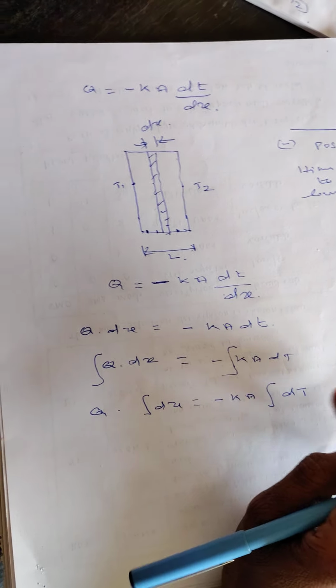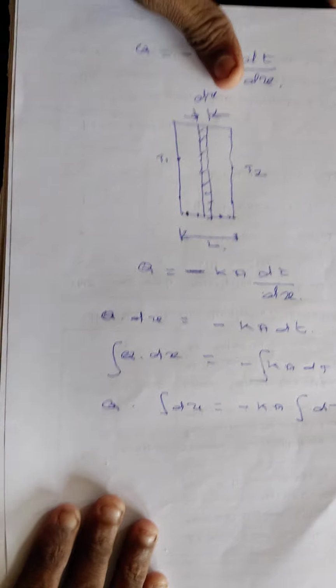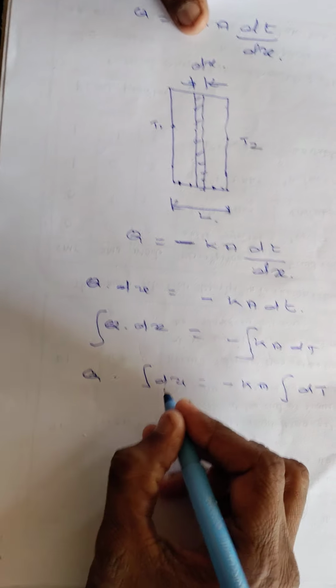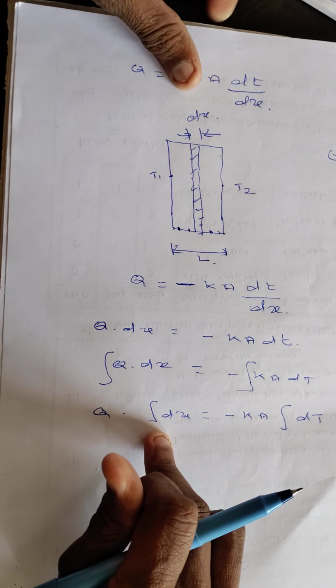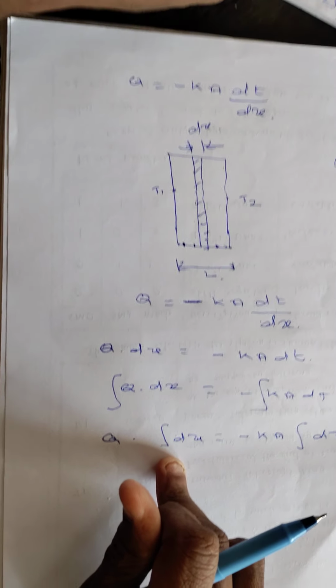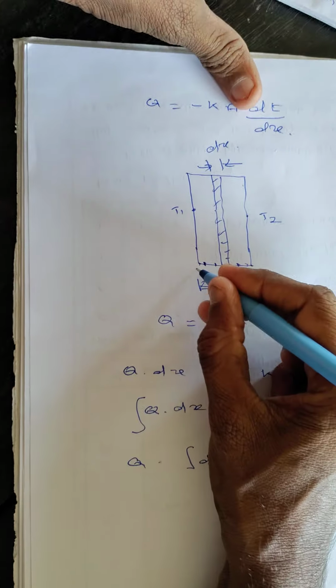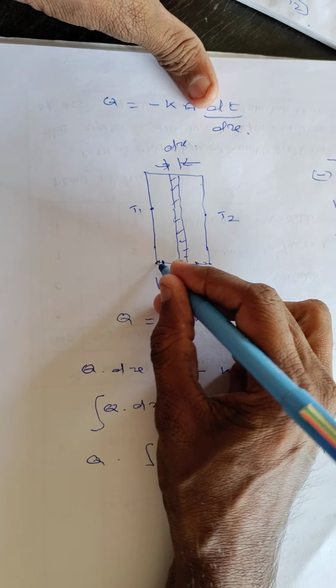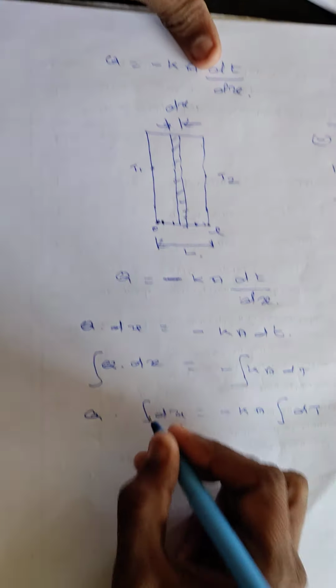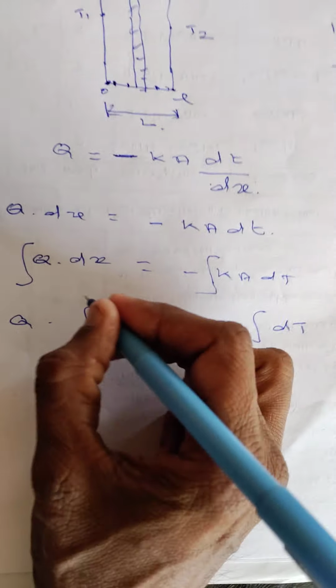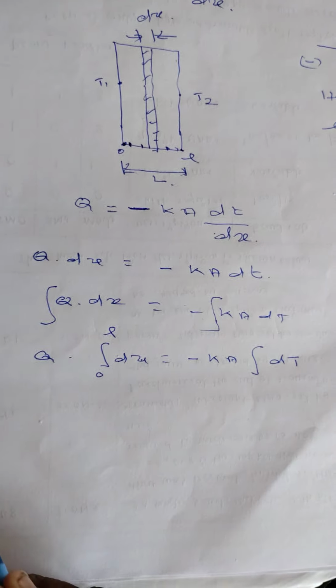I take Q outside, and similarly I take Ka outside. Now we have to give the limit values. How to give the limit for dx? Here x is nothing but distance. The length here is 0 and here L, so 0 to L.